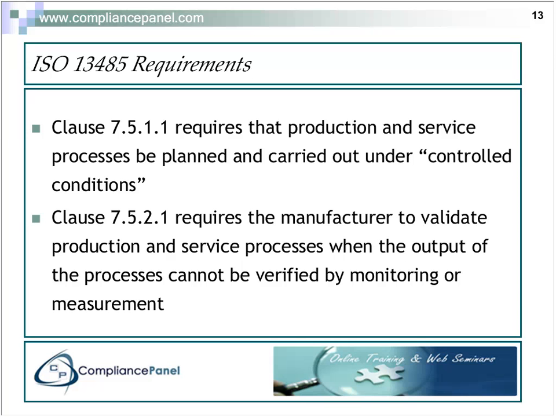In 7.5.2.1, it does require the manufacturer to validate production and service, again, processes, when the output of the processes cannot be verified by monitoring or measurement. So in other words, again, this is very similar to the FDA requirement. We do have to provide validation in certain circumstances, not all, but certain production processes.